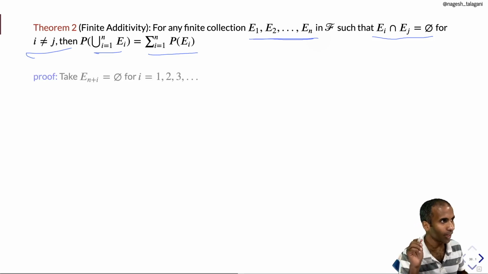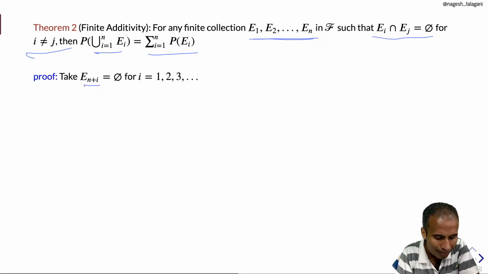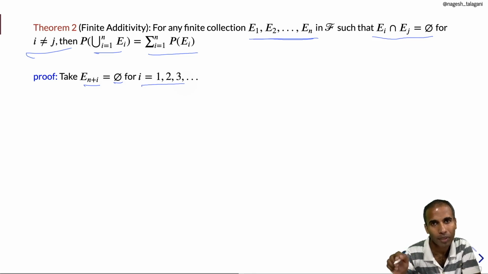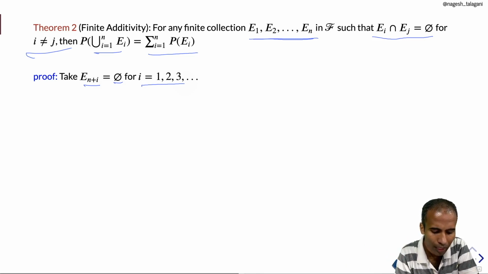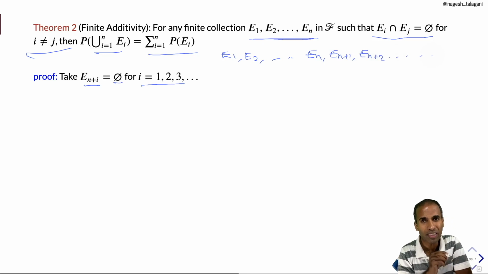So let's take E(n+i) equal to the empty event for i equal to 1, 2, 3, and so on. That means E(n+1), E(n+2), E(n+3), all these events we are taking as empty sets. Then we have a new collection E1, E2, and so on, En, E(n+1), E(n+2), and so on. We have a countable collection of events.